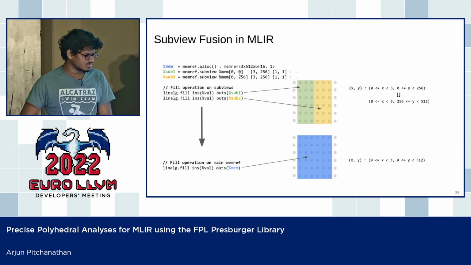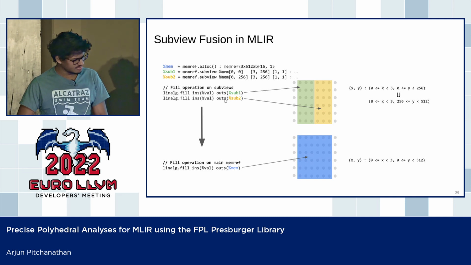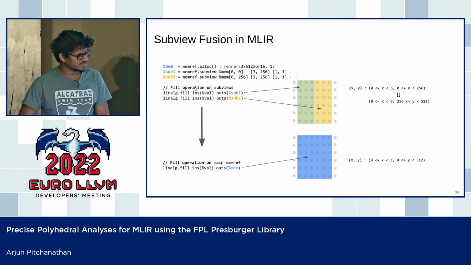One starts at 0, 0 and has size 3, 256, stride 1. And the second one starts at 0, 256 and it also has sizes 3, 256. If you take these together, you see that they actually span the whole 3 cross 512. So in this example, we're saying that we have a fill operation on both of these subviews.